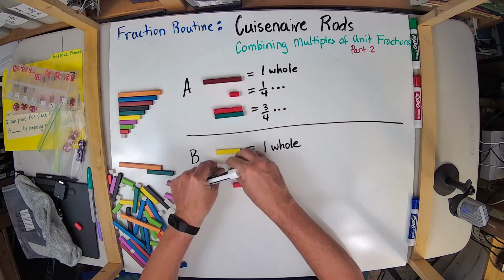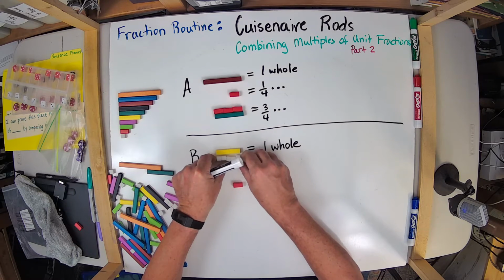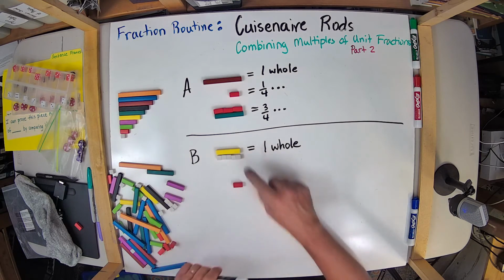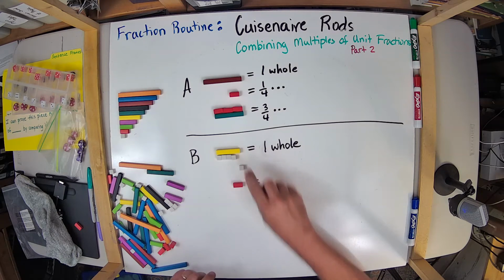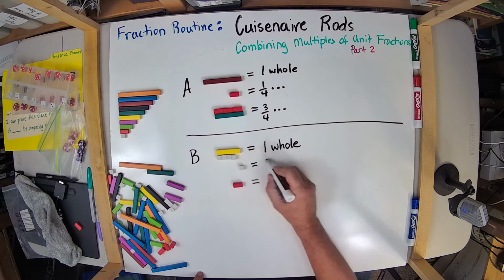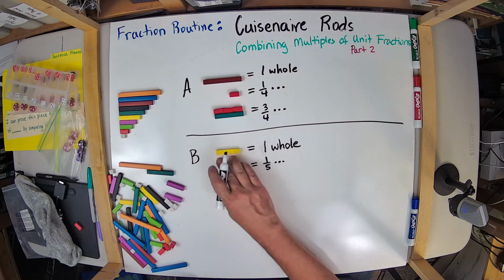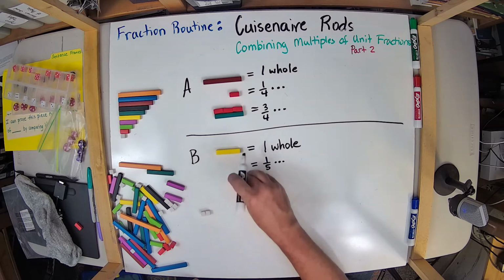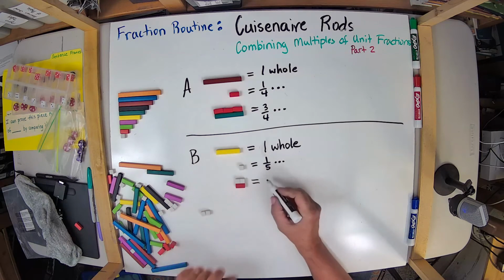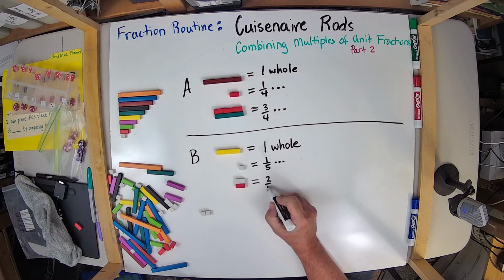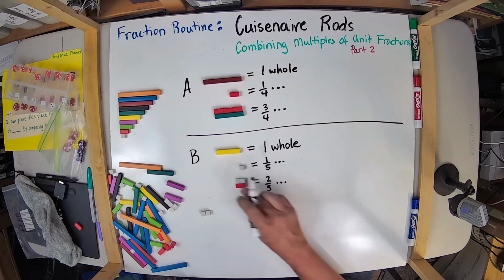So that means that there's 5 equal pieces there. So that means that's equal to 1/5. And then I want to have the reasoning. And if that's the case, then this is equal to 2/5. And then I want to have the reasoning.